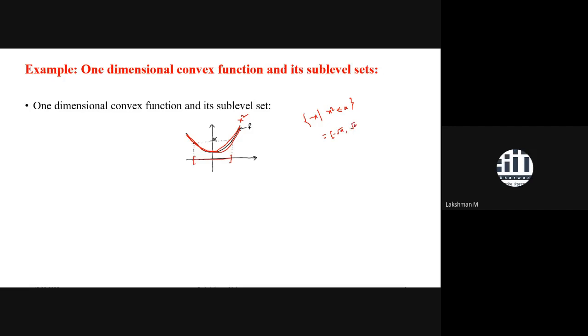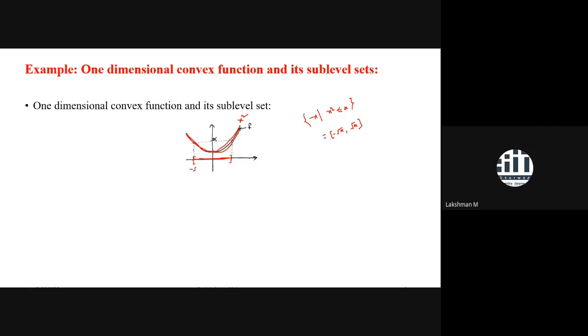So this one is the line segment between minus square root of alpha and square root of alpha. So definitely it is convex.